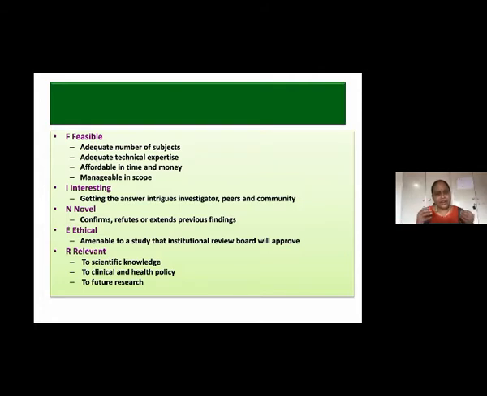But what drives research is your passion to find an answer to a question. Novel: it should either confirm some already existing doctrine, refute an existing doctrine, or extend a previous finding. So whatever your hypothesis is, it should confirm it. There's no point in having something just out of the blue.